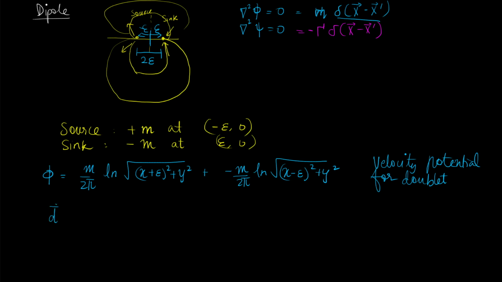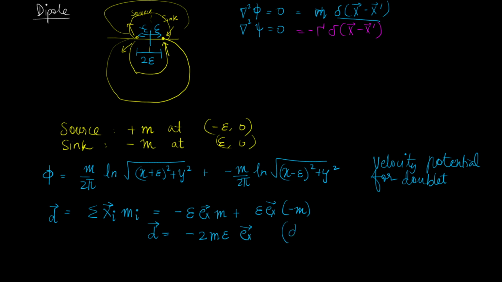So the dipole vector is the summation of the location times the strength, and in this case it will be minus epsilon ex vector times m plus epsilon ex vector times minus m. So this one is the contribution from the sink and this one is the contribution from the source, and this comes out to be minus 2m epsilon ex. So this one is the definition of the dipole vector.